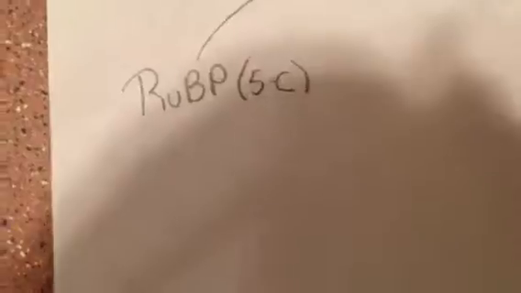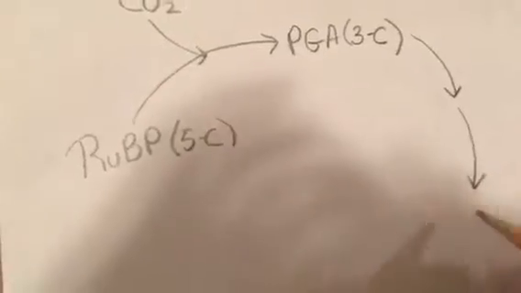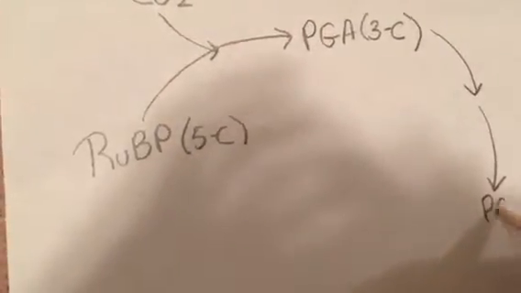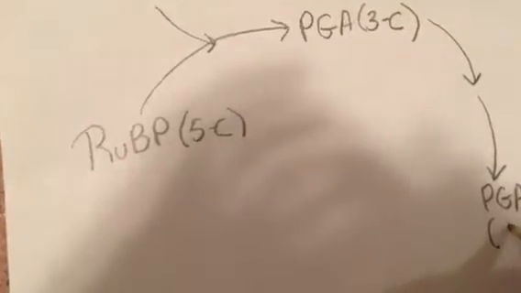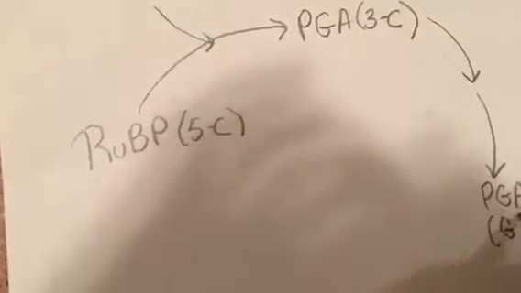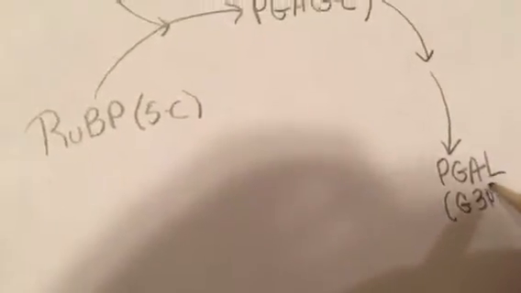And phosphoglycerate is going to go through reactions that will cause it to yield phosphoglyceraldehyde, also known as glyceraldehyde 3-phosphate, which is still a 3-carbon compound.